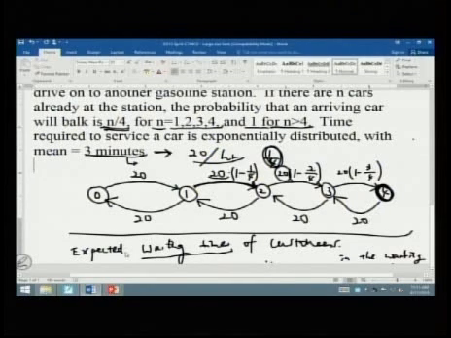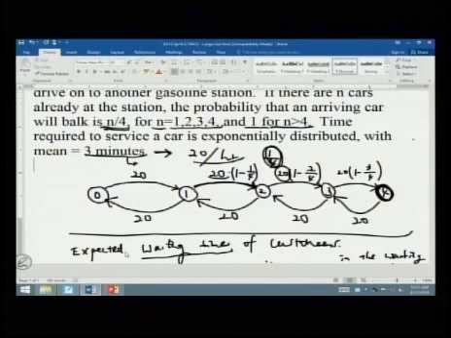We can also ask the expected waiting time of the customers at the pump. So there are 3 different waiting times of the customers. The first one is the expected waiting time of the customer in the entire gas station. The second one is the waiting time of the customer at the waiting line. And the third one is the waiting time of the customer at the pump, while they are being served.